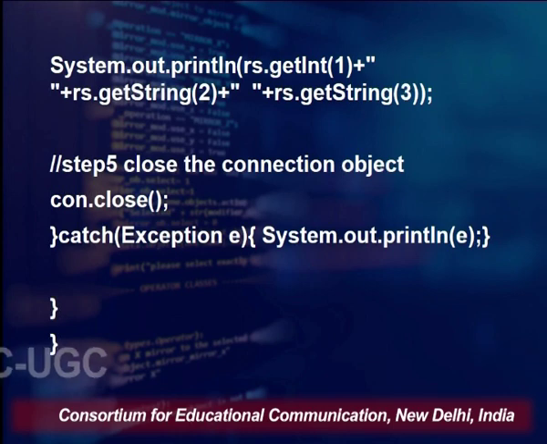One very important thing: I have told you the name of the jar file required in case of MySQL. In case of Oracle, the name of the jar file is ojdbc14.jar, and how to load this jar file has already been explained in the previous MySQL program.